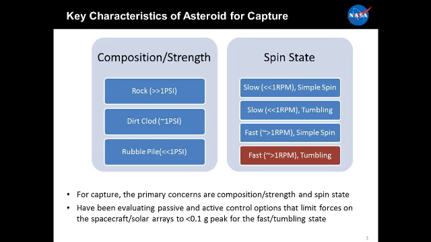So the key issues are that the composition of the asteroid is quite uncertain. Of course, we do see lots of meteorites that are quite competent rocks. You not only have the stony meteorites, many of which are quite competent, but you have nickel-iron asteroids, which are extremely competent.